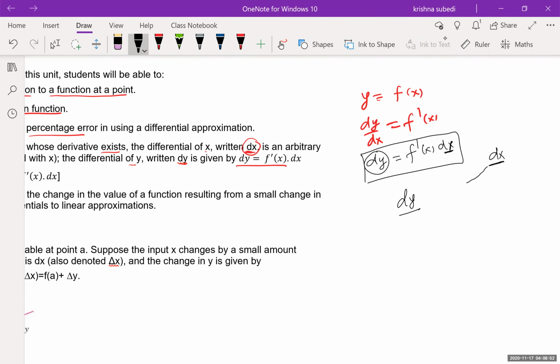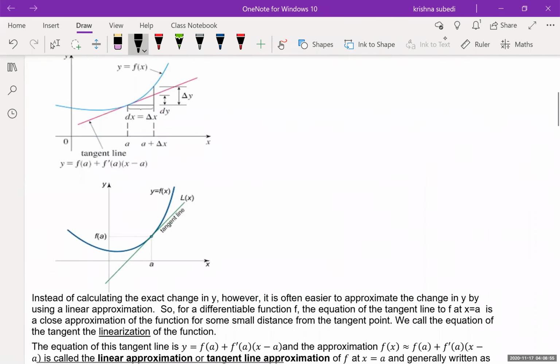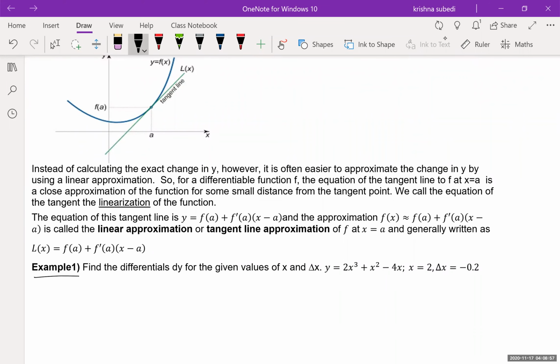So when we are given a function, let's go all the way to example one. Find the differential dy for the given values of x and delta x. We are given a function y equals 2x cubed plus x squared minus 4x, and x equals 2 and delta x equals negative 0.2.